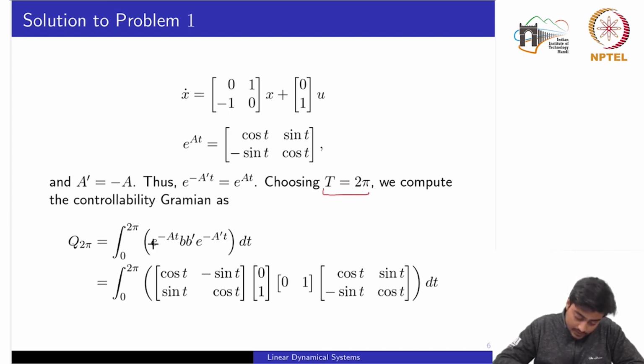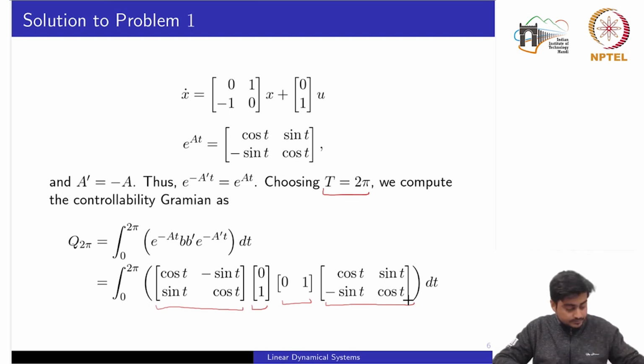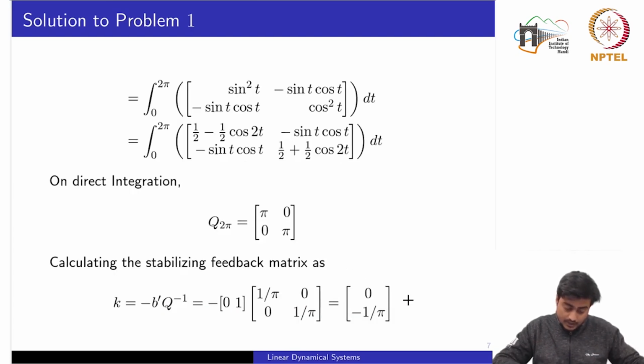Okay, so computing this matrix, we substituted all these parts. This is the exponential term, B, B transpose, and again the exponential term. So solving this definite integral by direct integration, we obtain the controllability Gramian as this matrix.